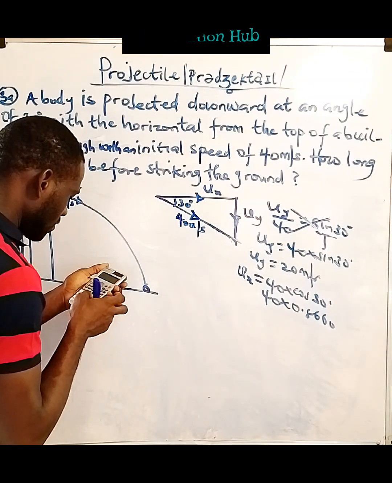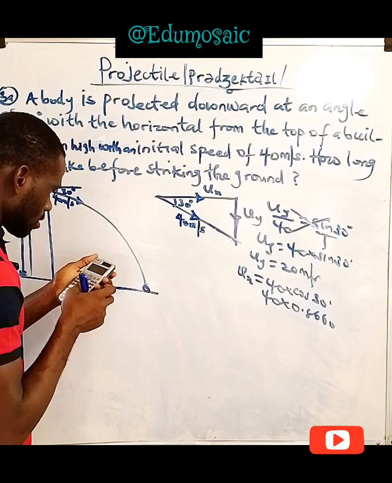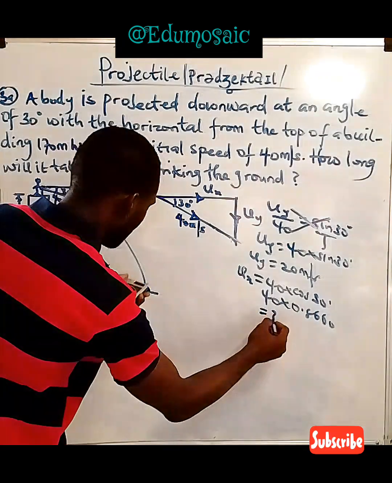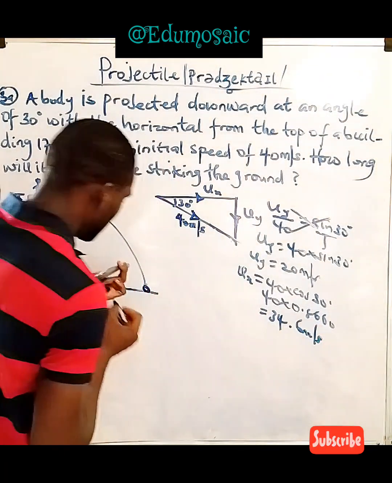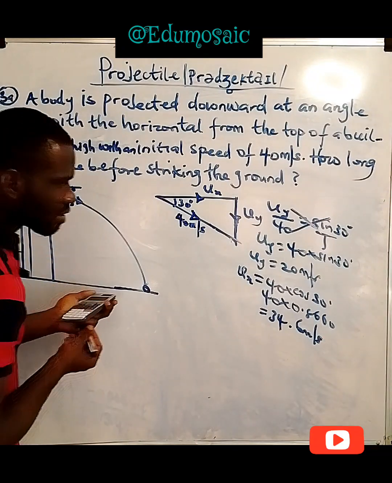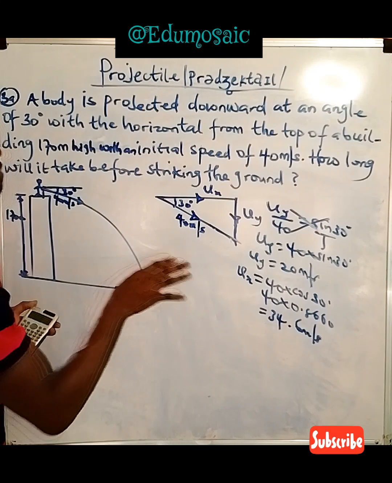That's 40 times cos 30. We have 34.6 meters per second, about 35 meters per second. That's what we have, approximately. So we have our initial speed already.